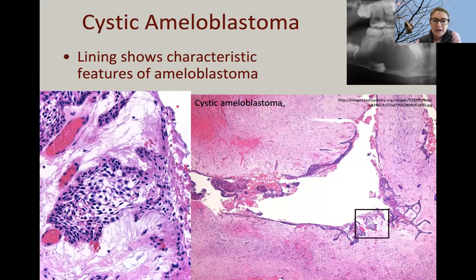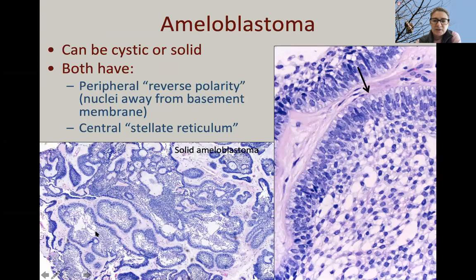But for now, the cystic ameloblastomas, the lining of the wall resembles ameloblastic epithelium. And so what does ameloblastic epithelium look like in a more characteristic feature? It has these cells along the edge that are palisading, in which the nuclei are oriented away from the basement membrane. That is so-called reverse polarity.